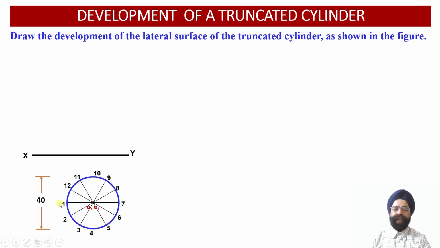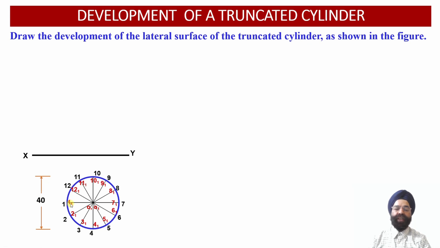So the 12 points corresponding to the top face we have marked in the top view outside the circular projection, while the 12 points corresponding to the base of the cylinder we have marked with red color on the inner side of the circular projection.